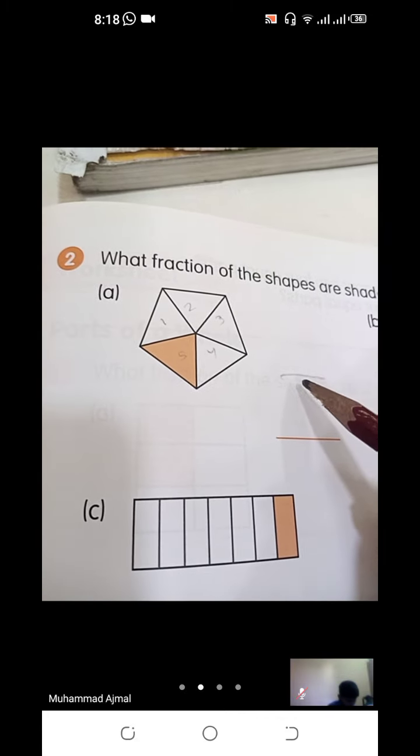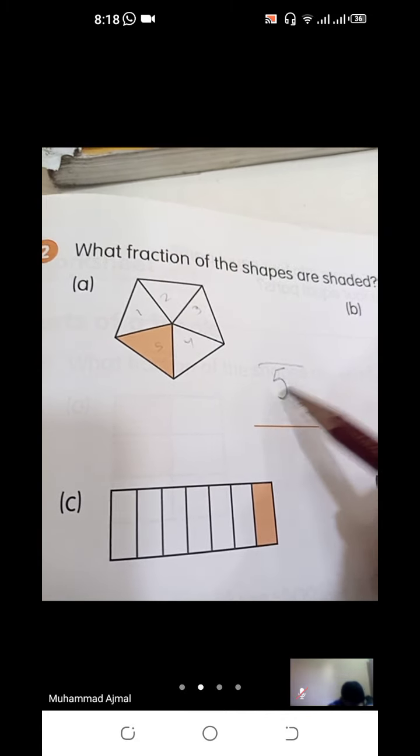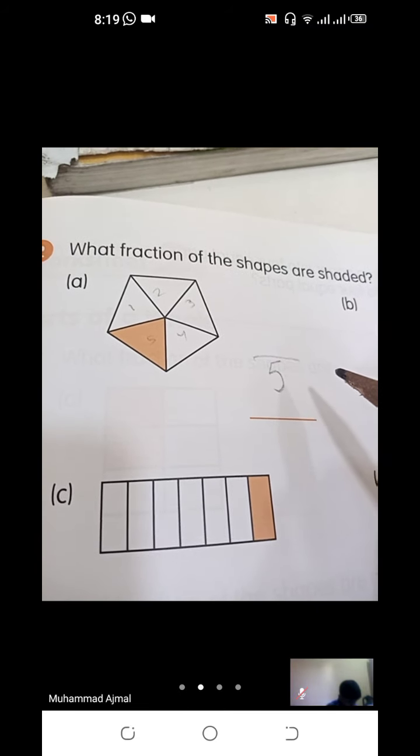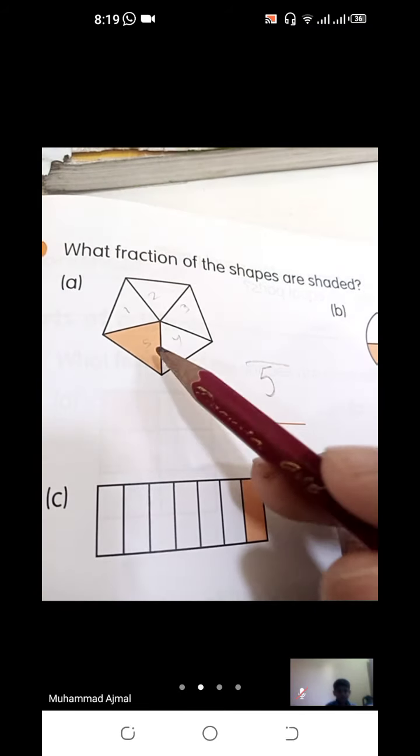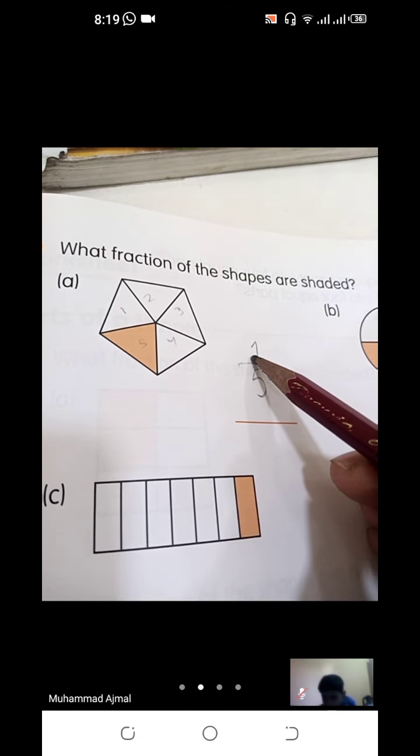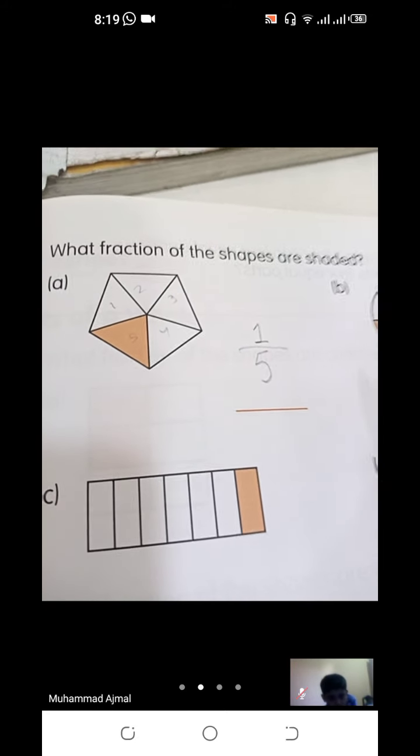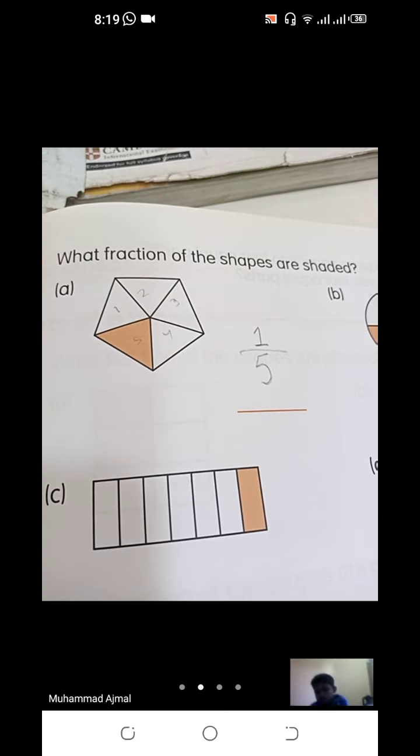There are 5 total partitions here. So we write 5 in the lower place, that is the denominator of the fraction. And in the numerator, we write how many are shaded. Only one is shaded. So 1 over 5 is the fraction for this shape.